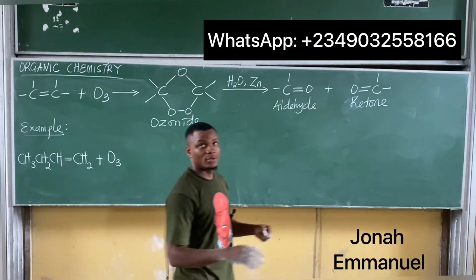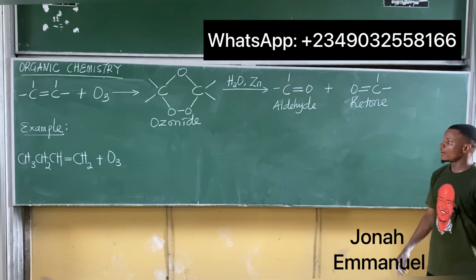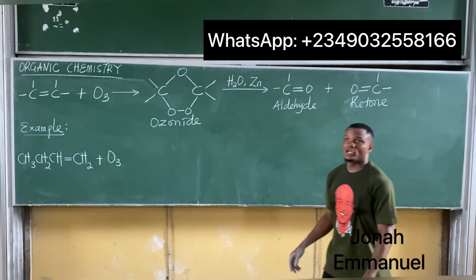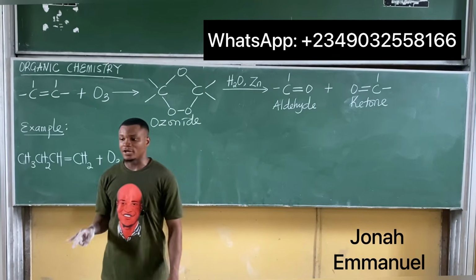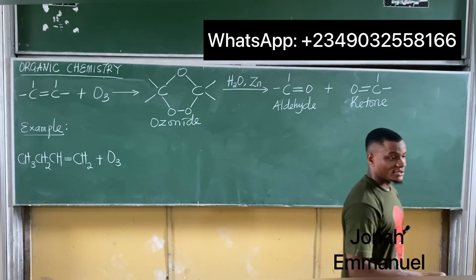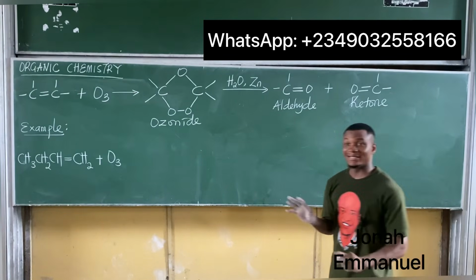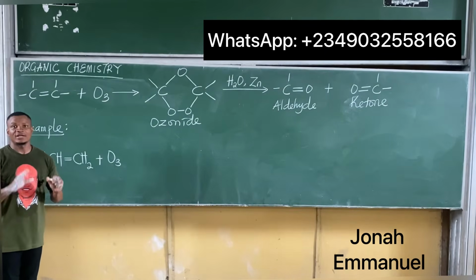Now listen, let me show you how ozonolysis works. Don't forget the reaction is this: alkene, ozone, ozonide, zinc dust and water, aldehyde and ketone. That's your series. This is how your ozonide is formed.